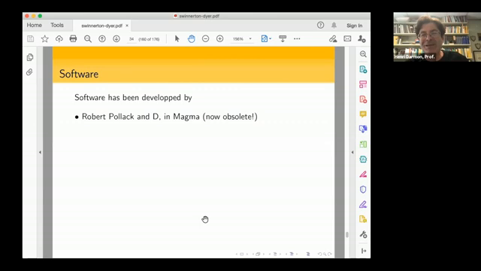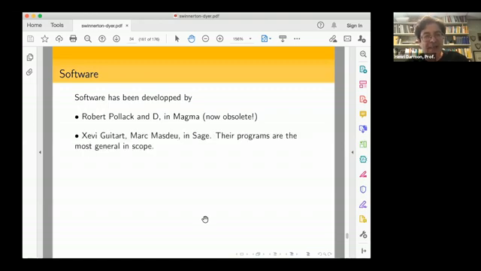The last time I tried using it, I was told that the program was not going to run on the newer versions of Magma. But Xavier Guitart and Marc Masdeu in Sage have implemented a much more powerful, more general, and I think more efficient version of these programs, which also work for quaternion algebras and other things.